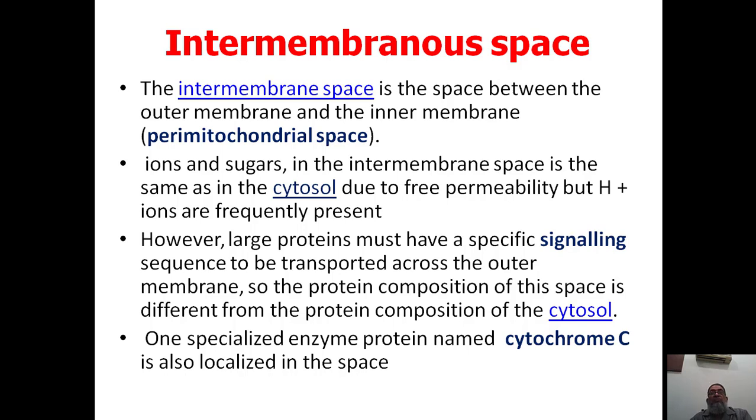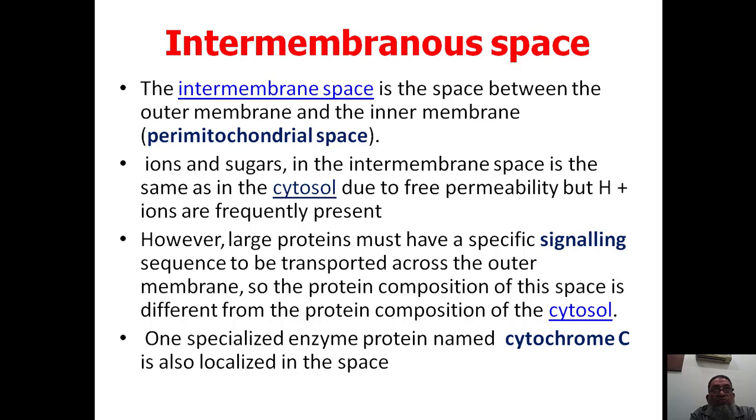ये बात आज की चूँकि porin, the pore complex, is freely permeable below 50, so cytosolic contents are almost equal in the sugar, and ions are present equally as in the cytosol, but the H ions are more prominently present because they are produced constantly within the mitochondrial matrix by the cytochrome chain system.